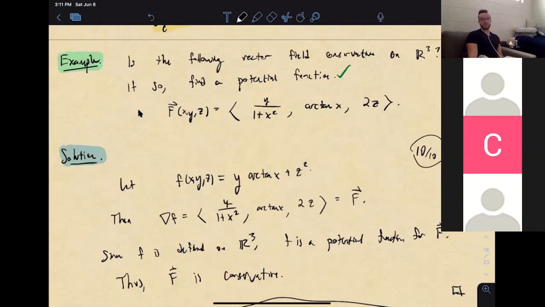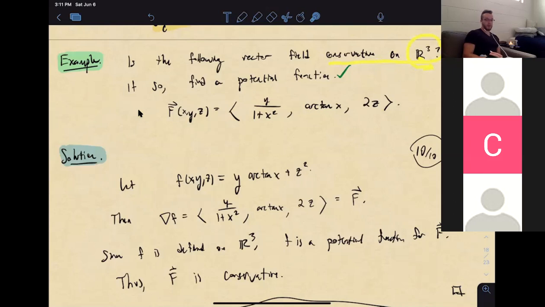Okay, so private question, just to confirm, in the general case: if the function you eyeball isn't defined everywhere, that would not be a potential function on that domain. That's correct. Here, the question was, is this vector field conservative on R3?